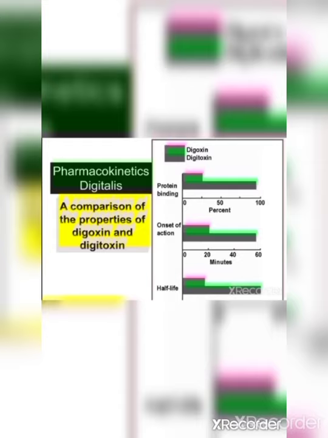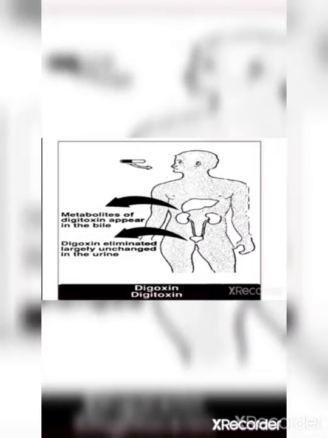Whereas digoxin has little protein binding as compared to digitoxin. It has a quicker onset of action as compared to digitoxin, and has a shorter half-life as compared to digitoxin. Metabolites of digitoxin appear in the bile, whereas digoxin is eliminated largely unchanged in the urine.